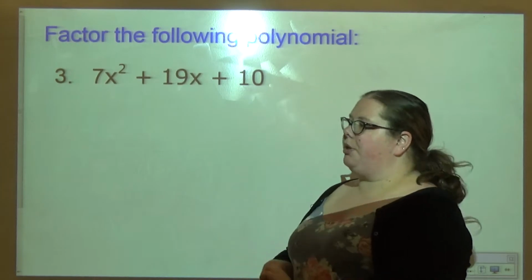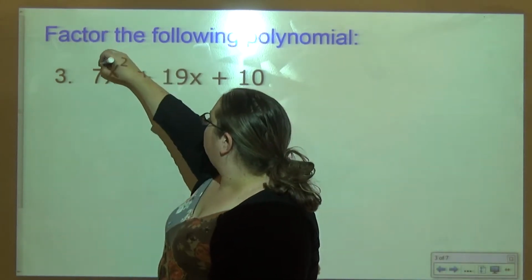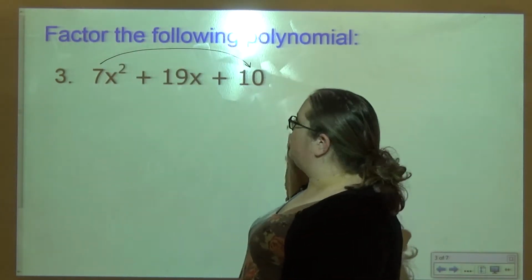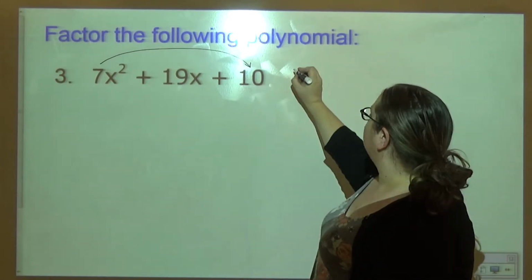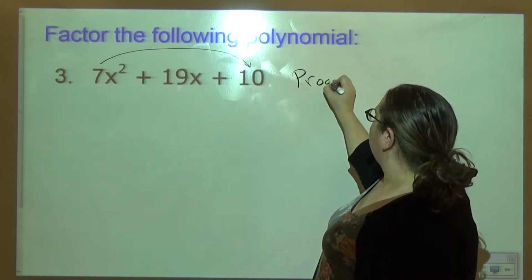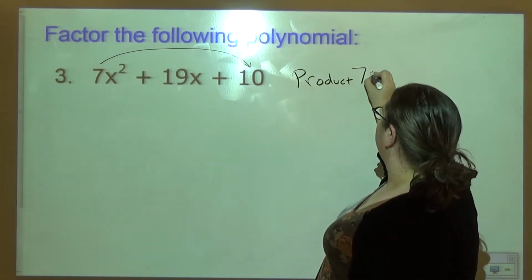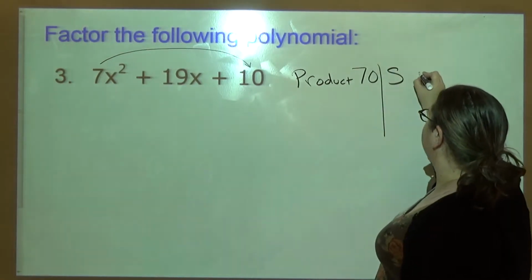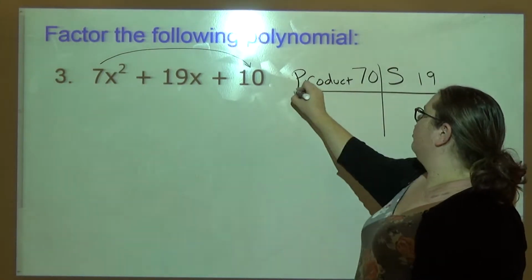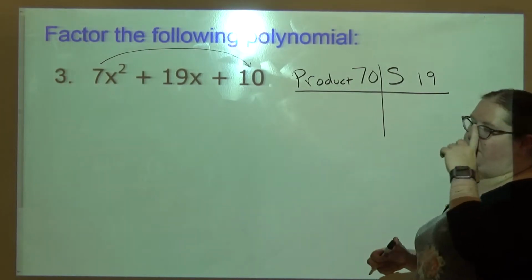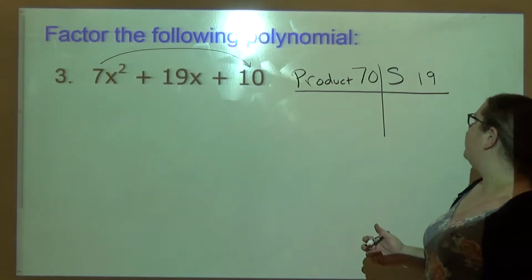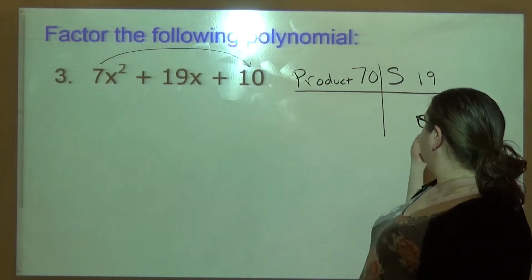So what we're going to do is slide that 7 to the back and say my product is 70 and my sum is 19. So let's find two numbers who multiply to 70 and add to 19.